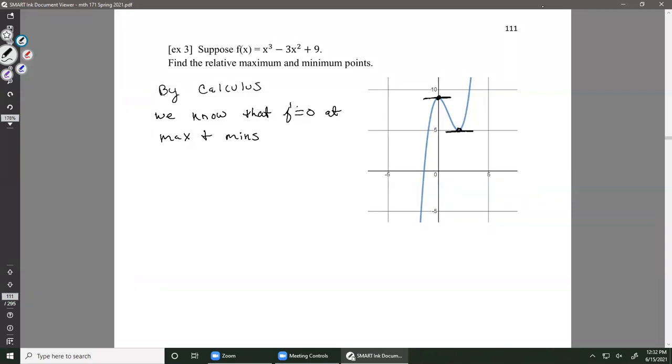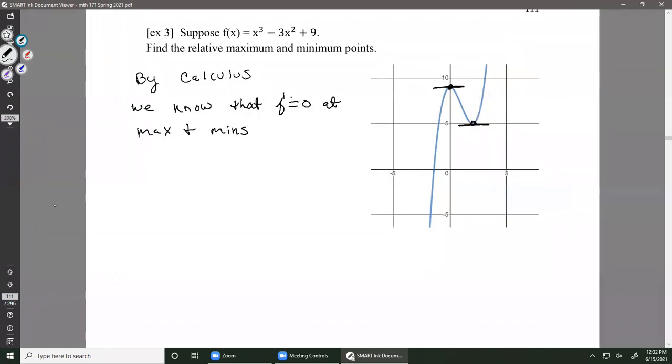So what do we need? If I only have f of x, what am I missing? Yeah, we need the derivative. If we want to use calculus, we definitely need the derivative because we know the derivative is 0. So first, find f prime.